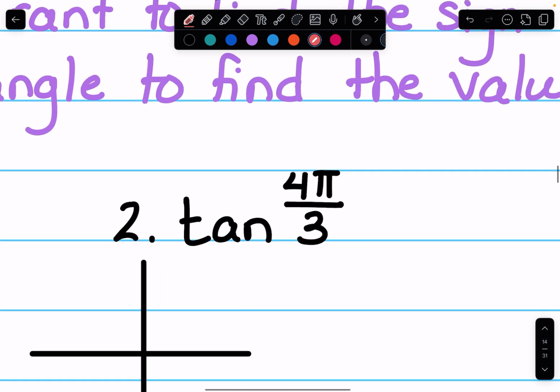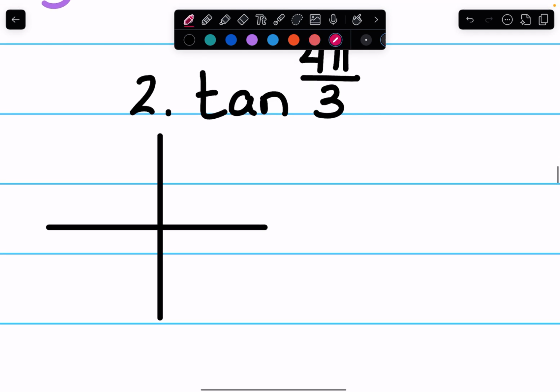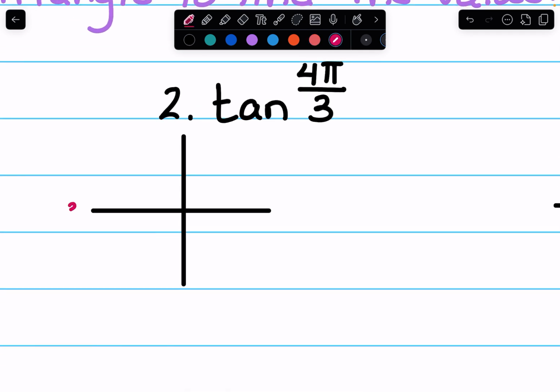Next one, tangent of 4 pi over 3. All right, so we would make this 3 pi over 3, so it would still say pi. So 4 pi over 3 would be there. That is all students take calculus, so that's in the third one, so this is positive.